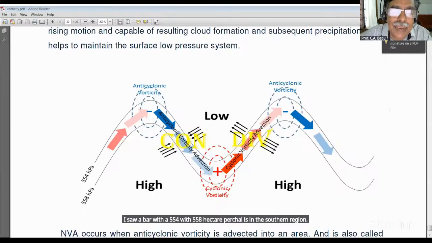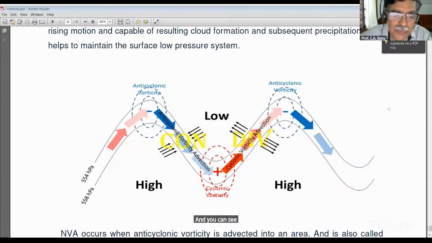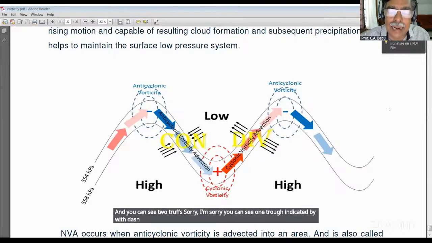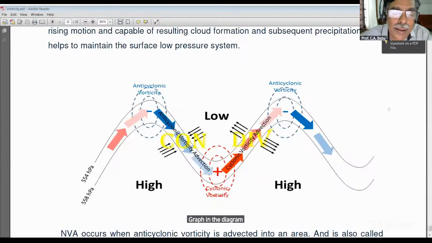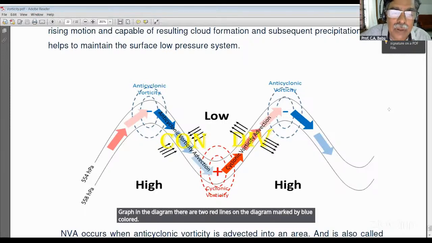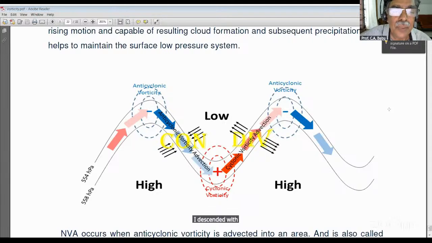And you can see one trough indicated by a red dash circle in the southern region with a plus mark at the center. There are two ridge lines on the diagram marked by blue colored circles with a minus sign at the center.